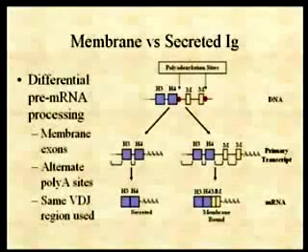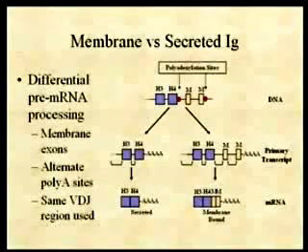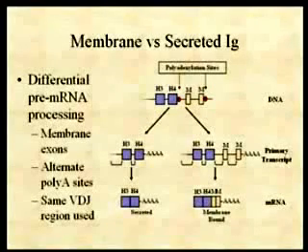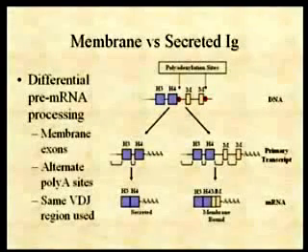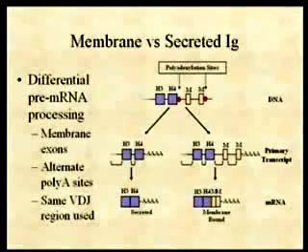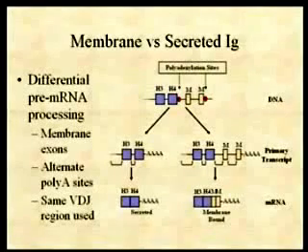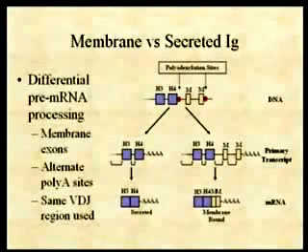All right? Now, every one of the heavy chain constant region genes has these membrane exons associated with it. So what that means is that after the class switch has occurred, those cells can either have a secreted form or a membrane-bound form.